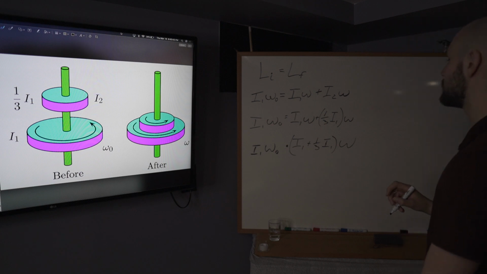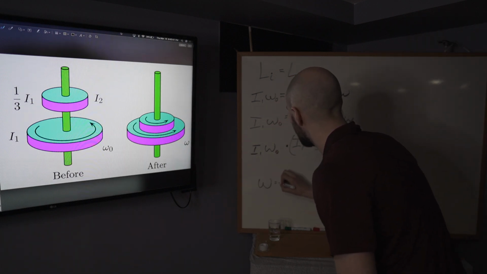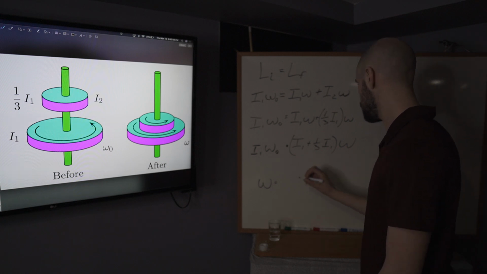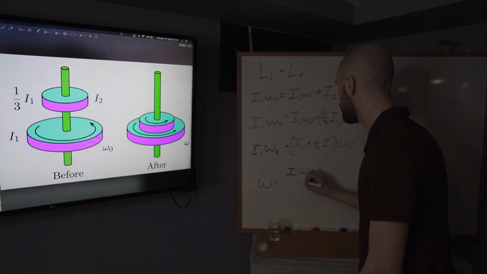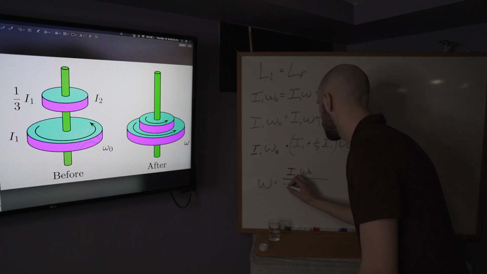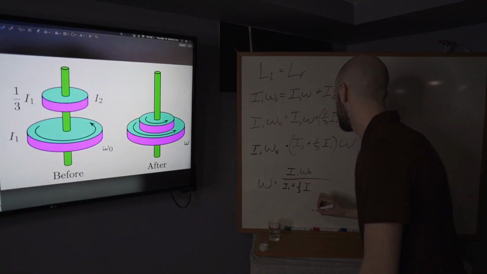We can divide that over to the other side, and our final angular velocity is equal to I1 omega naught over I1 plus 1/3 I1.